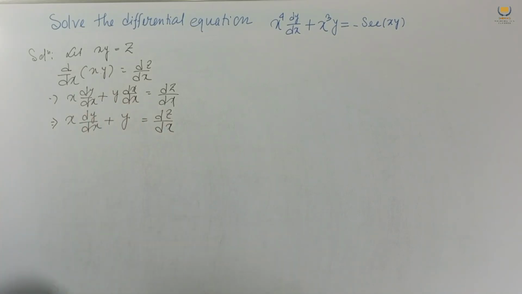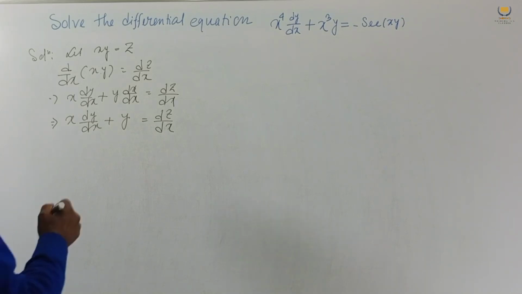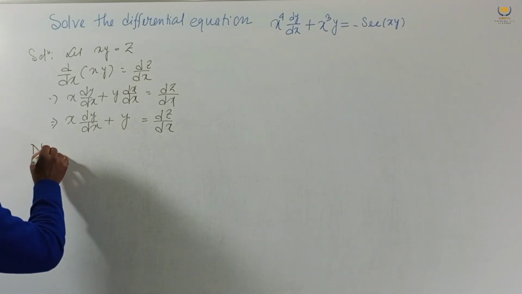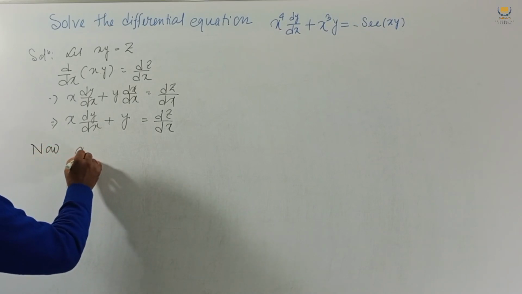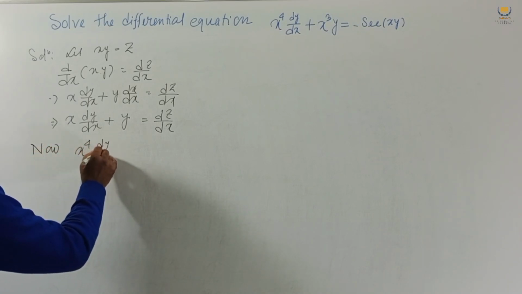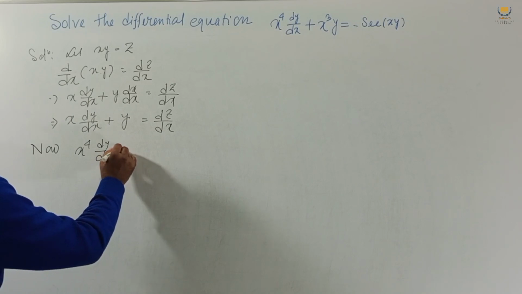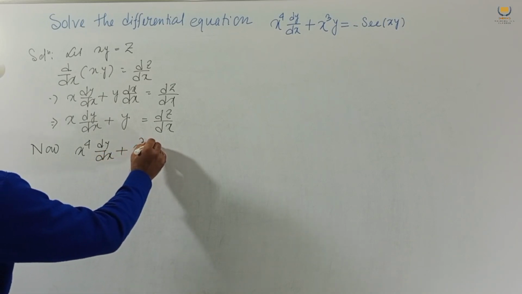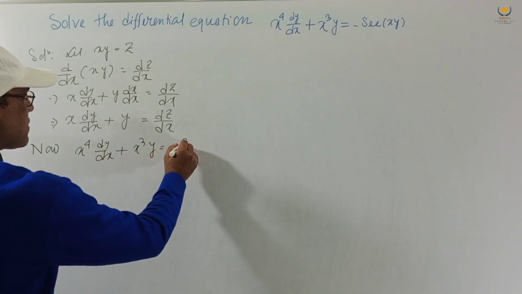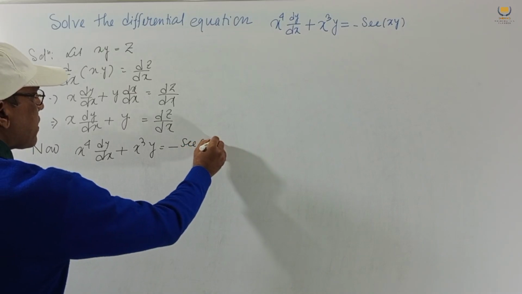Now we consider our main equation: x to the power 4 dy/dx plus x cube y equal to minus sec of xy.